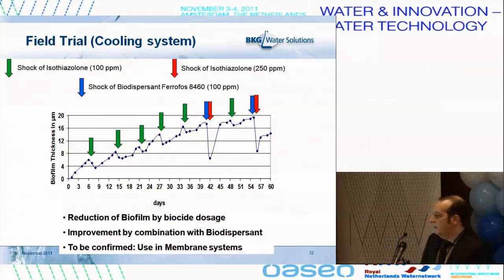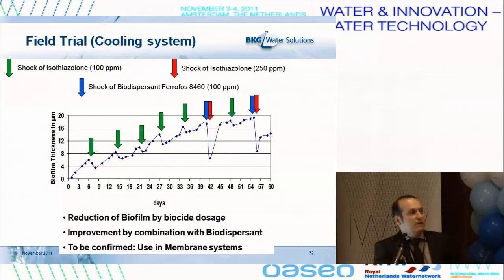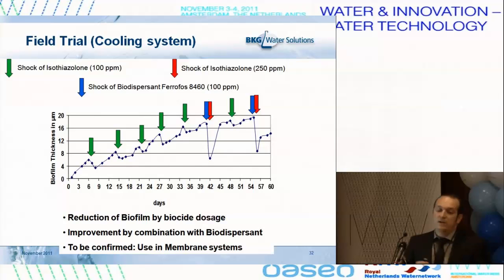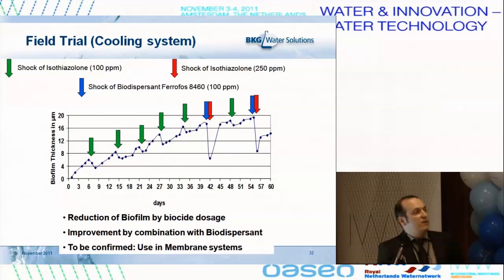So here a field trial that we did. We had a customer who was using his current treatment in this period, and we wanted to convince him, to prove to him that with a higher dosage and a biodispersant he will get better results. And we could prove that even with the biocide dosage you could reduce the amount of biofilm, but never to 0.